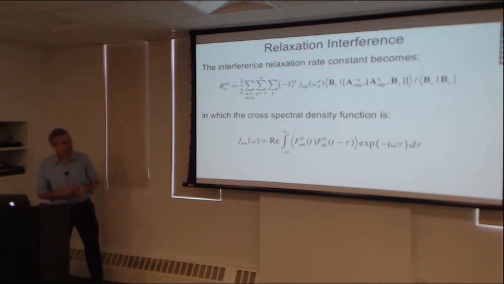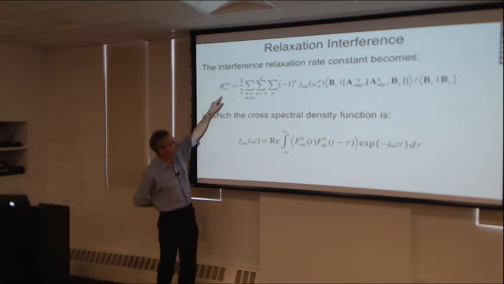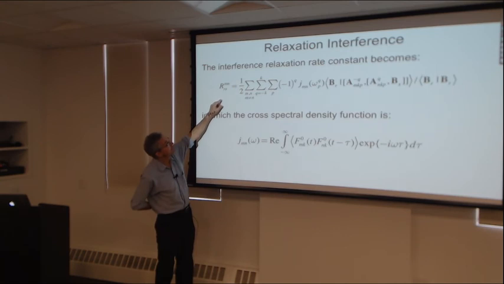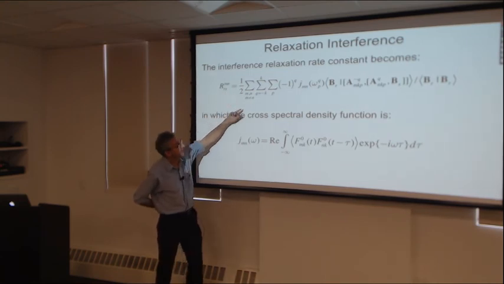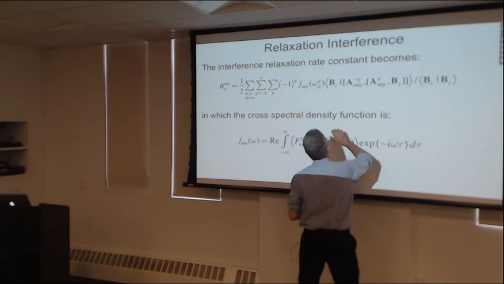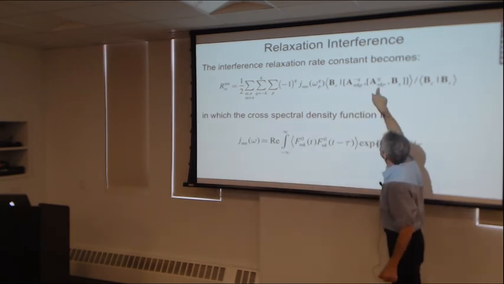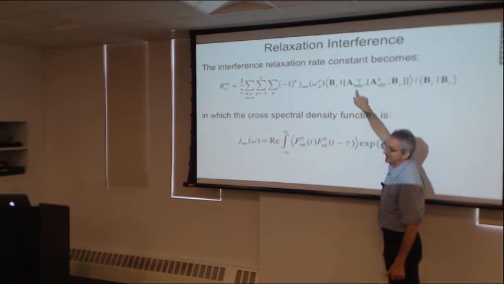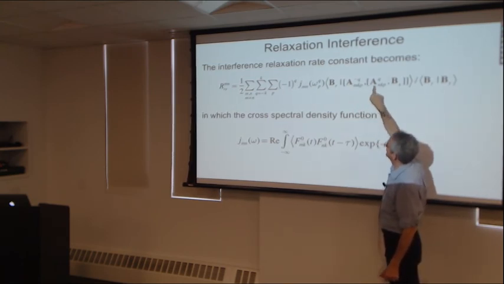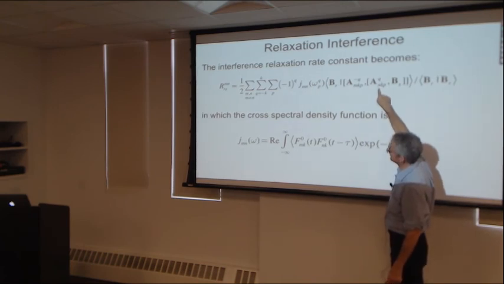And then we end up with our normal relaxation, and then these cross-correlated relaxation terms, in which for the spin operators, we have to keep track of which Hamiltonian they came from. One came, say, from the dipole Hamiltonian, the other one came from the CSA Hamiltonian.